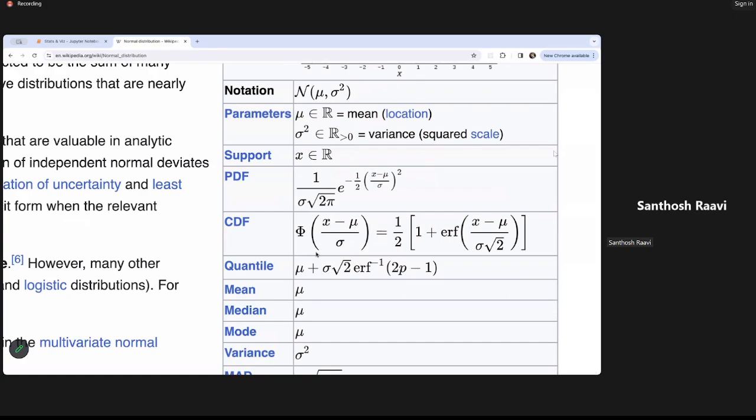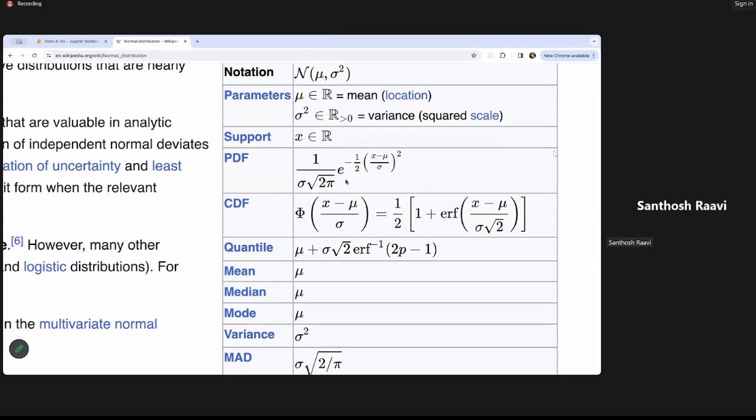There is no need for all these things. You just need to remember this particular formula, the probability density function, which you already learned in your academics. 1 by sigma under root 2 pi, e to the power of minus 1 by 2, x minus mu by sigma, whole square.